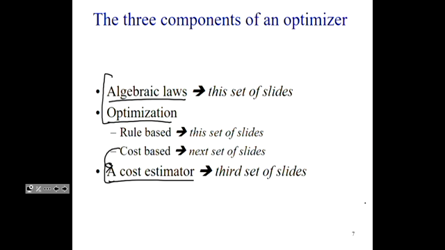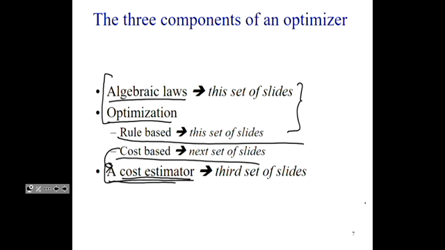For that, we need some cost estimation strategy, and I'll get to that in the final set of slides. So this set of slides is going to be on the algebraic laws and the rule-based optimization. The next set of slides is going to be cost-based optimization, and finally I'll get into how to estimate the cost for a single operation. If some of this seems confusing, wait until I cover that topic and then hopefully it'll become clearer.